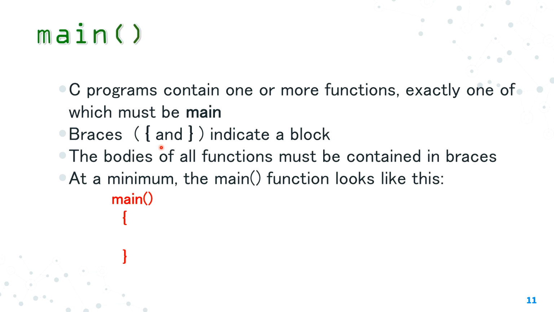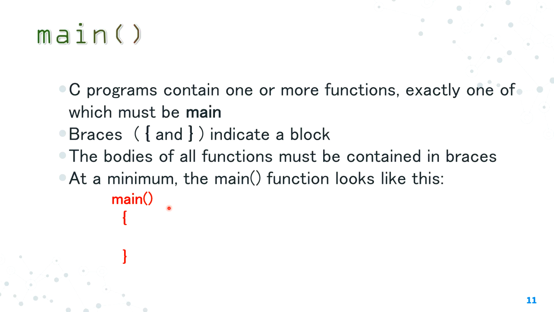The braces, this one, the opening and the closing braces, define a block of code in C. All function bodies, including the main function, must be enclosed within these braces.